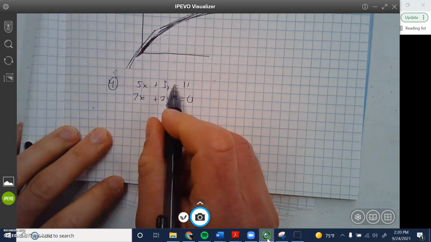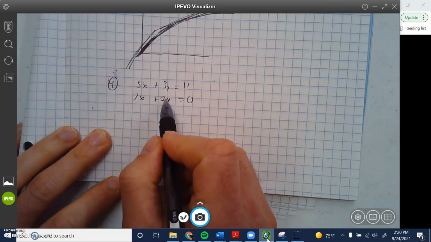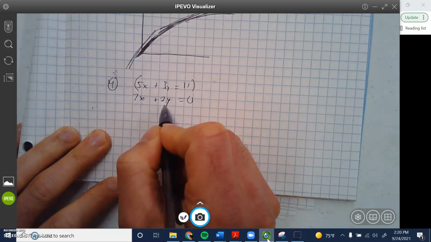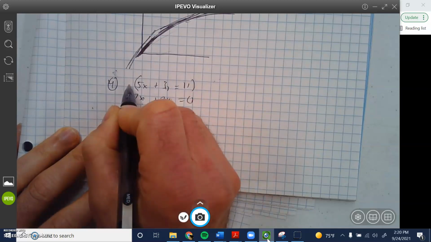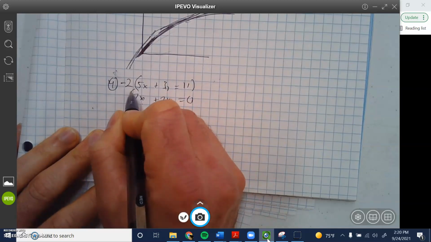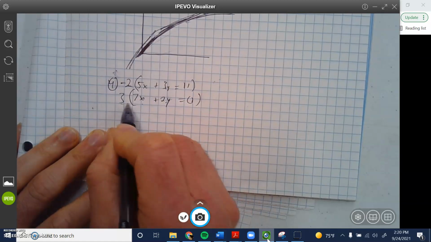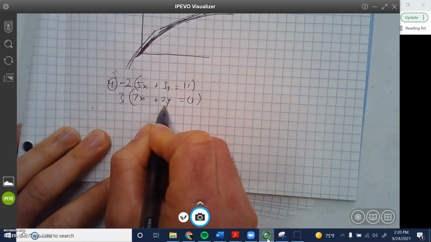Okay. So I don't want to deal with really big numbers, so I'm going to deal with these. So I think the common factor is -6 and +6. So multiply this by -2. Multiply this by +3. So that would get me -6y here and 6y here.